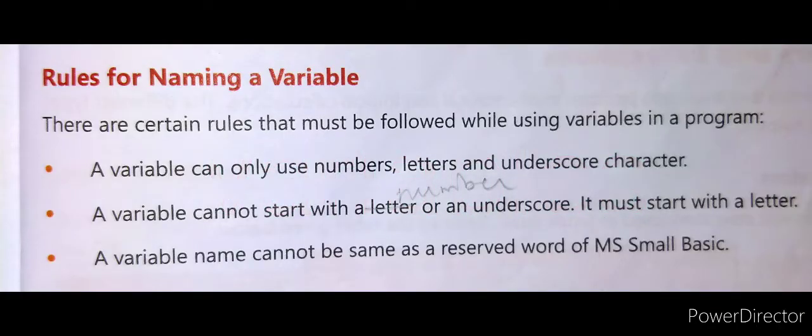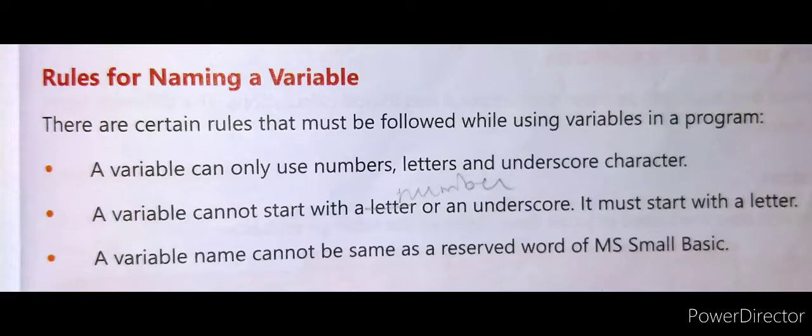Now the rules for naming a variable. A variable can only use numbers, letters and underscore. The variable name must start with letters, and you can use the underscore as well as numbers. You should not start with a number.